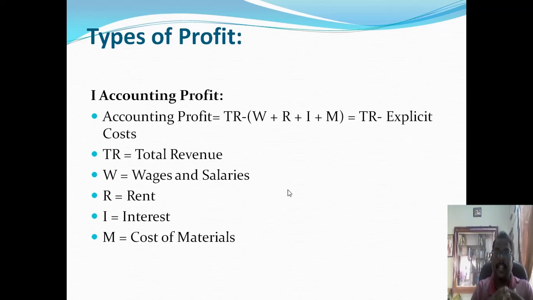If you are paying wages or rent, it is an explicit cost. So you arrive at accounting profit by deducting wages, rent, interest and cost of materials from the total revenue.